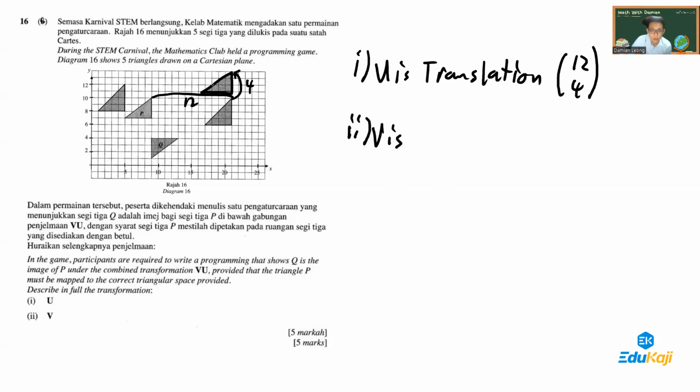V is, from this triangle to Q, you can look at the orientation, it is rotated upside down. So it must be a rotation. Upside down means 180 degrees. If it's 180 degrees, I don't need to state any direction. To find the center of rotation when it's 180 degrees, it's very simple.